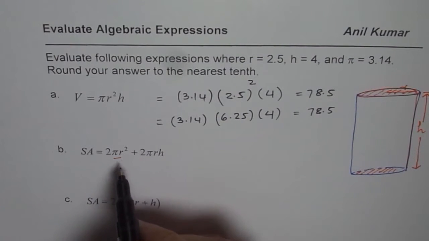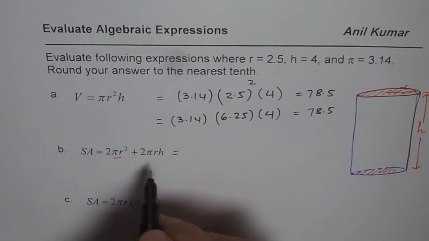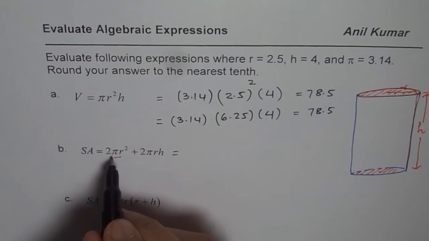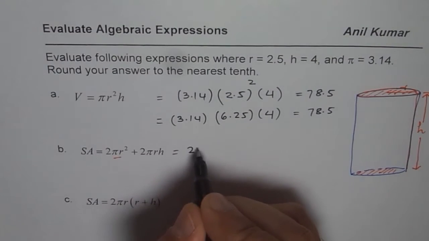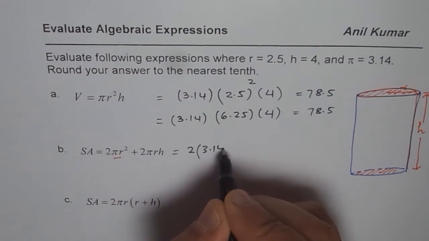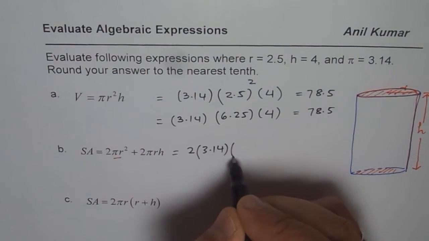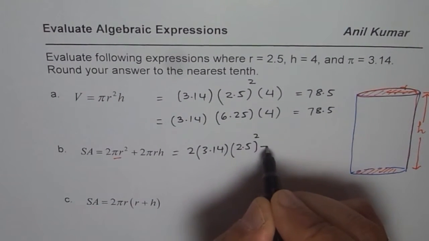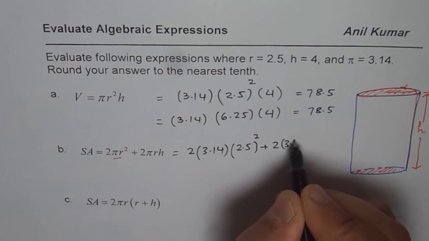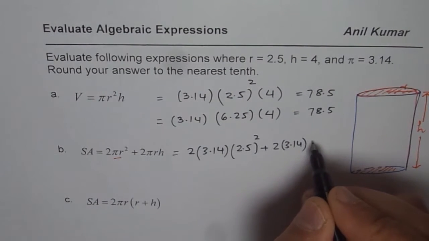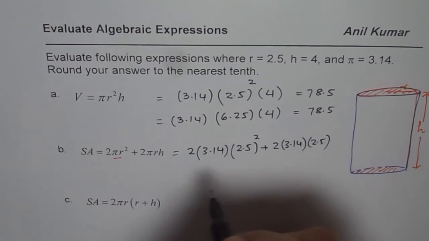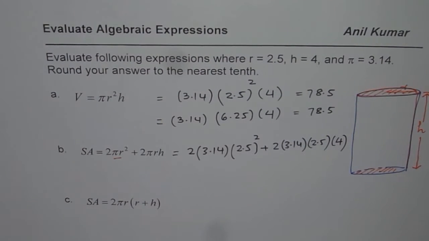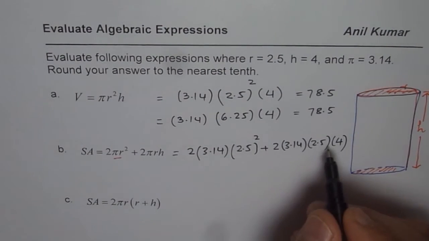Now let's do the next expression. The idea is to learn how to substitute the values and evaluate the expression. So 2 pi r square: 2 times pi, which is 3.14, times r square, which is good to write in brackets, 2.5 square, plus 2 times 3.14, r is 2.5 and height is 4 for us, right? So write all the values and then you may even solve them in steps.